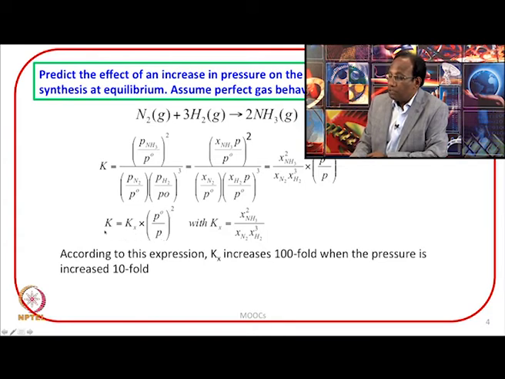So 10 times increase in pressure will increase the value of Kx by 10 fold. That means it will become 100, sorry, it will become 100 fold. Since when you take P to the other side, it is a P square term. So if you increase the pressure by 10 fold, Kx will increase by 100 fold.